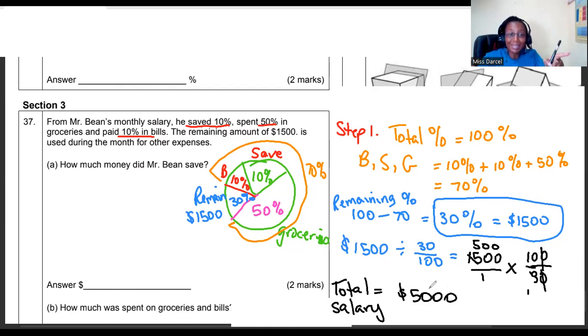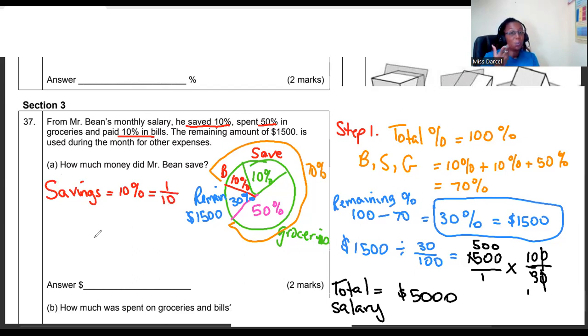But we're not done. We still have to figure out how much money he saved. And look at this. This green section here, green and red, is where he saved 10%. So let's use that information to solve it. Let's put this in there. So savings, we know is 10%. Or if we were to write this as a fraction, 10 over 100, or simplified, 1/10.